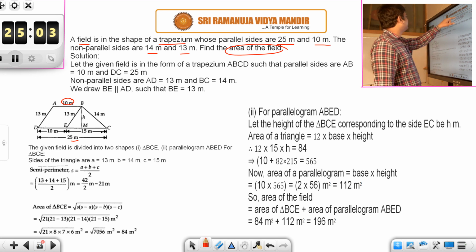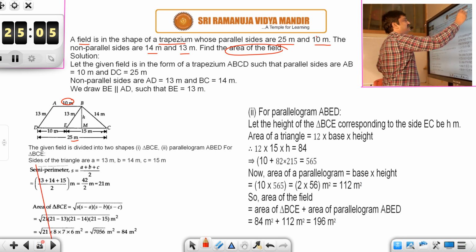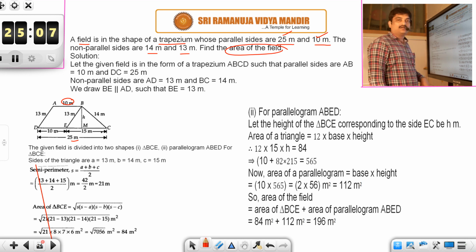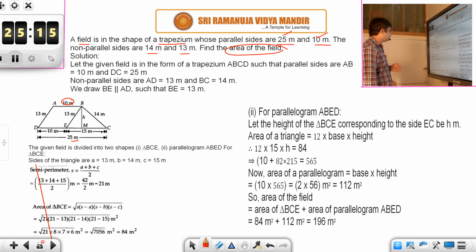Here we are given the parallel sides, 25 and 10, but the height is not given. We are given the non-parallel sides. So first let's see whether we could find the height or not.